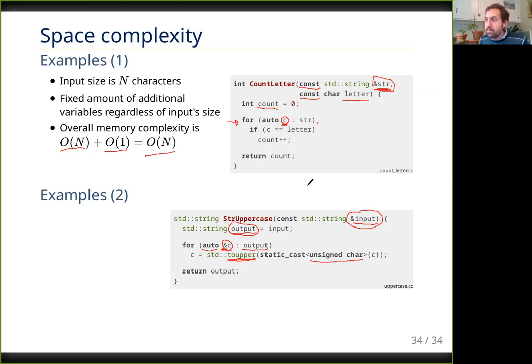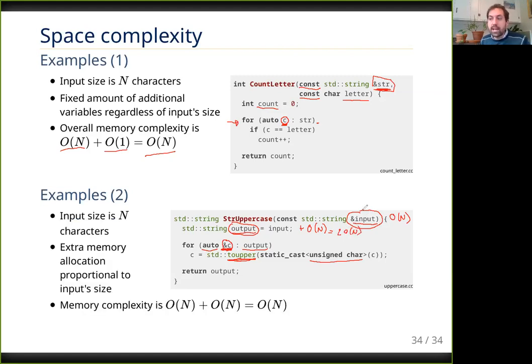So in total, we have O of n here plus another O of n there. Then we have this reference c, which is just a space of one, so it's constant, we don't really care. But so that would be 2 O of n, which ends up being O of n total.